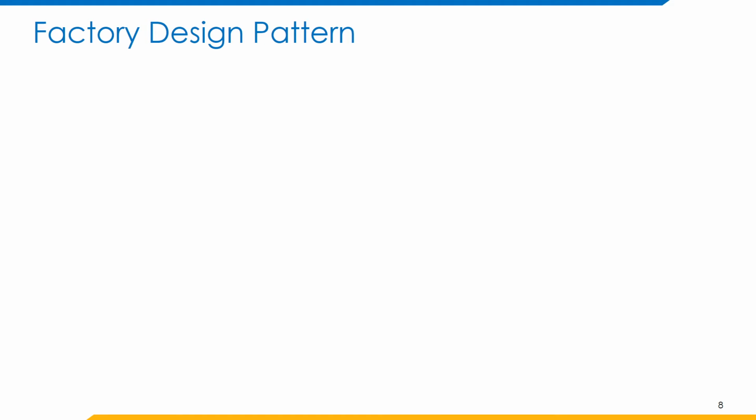Factory design pattern. When we want to hide the object creation process from the user, we use this design pattern. For example, in the case of JDBC, there is a Connection interface.